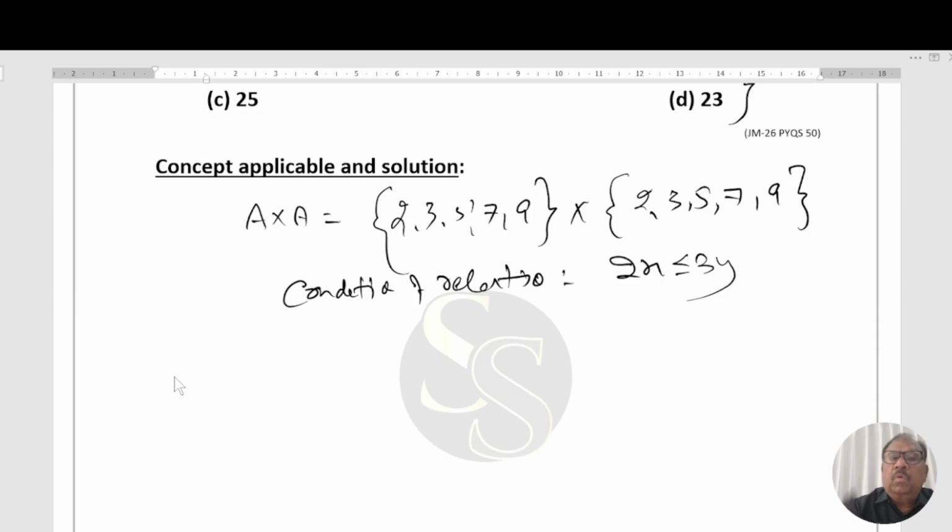Means the total number of ordered pairs will be 5 into 5, 25. Out of 25 we have to pick up the elements which are satisfying this condition.